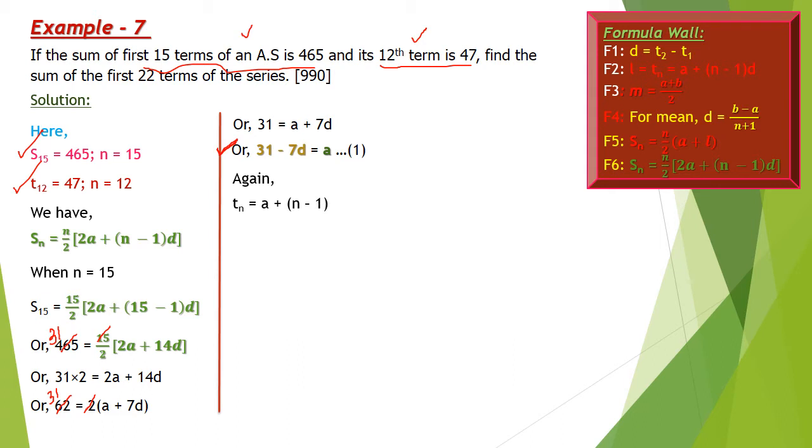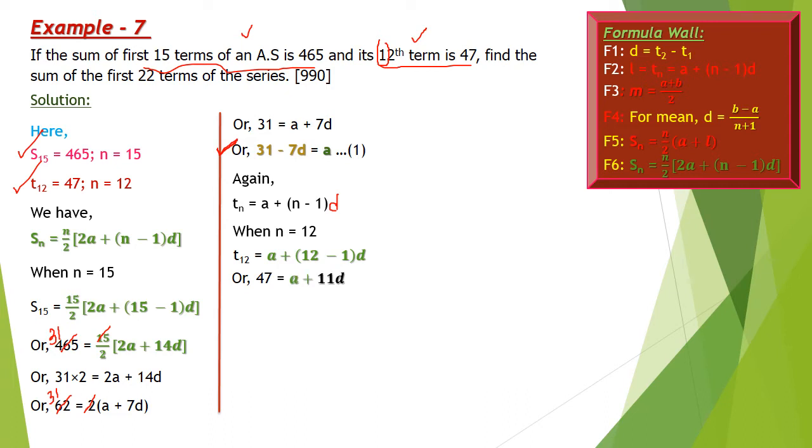Again now we have the formula Tn equal to a plus n minus 1 d. D is missing here, so let me write d. When n is equal to 12, T12 is equal to a plus n minus 1 d. Value of n is 12, 12 minus 1, because we have 12th term, so value of n is 12. 12th term is 47 is equal to a plus 11d.